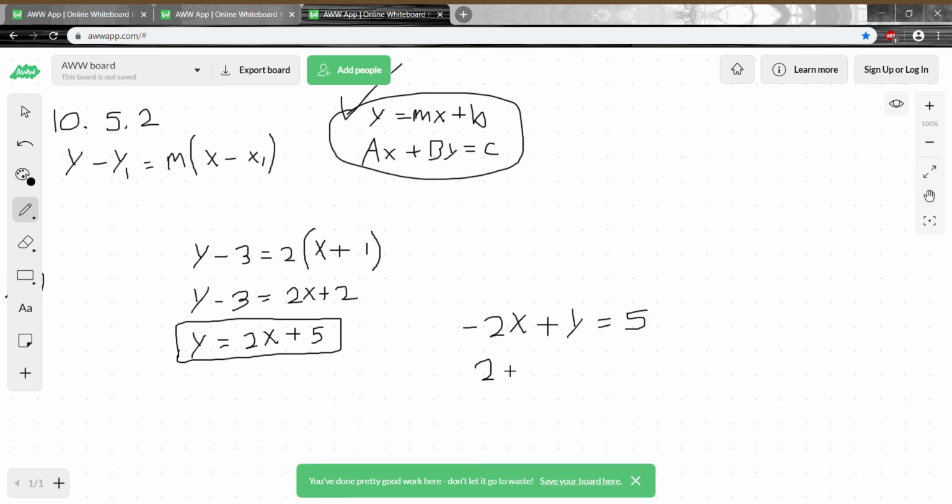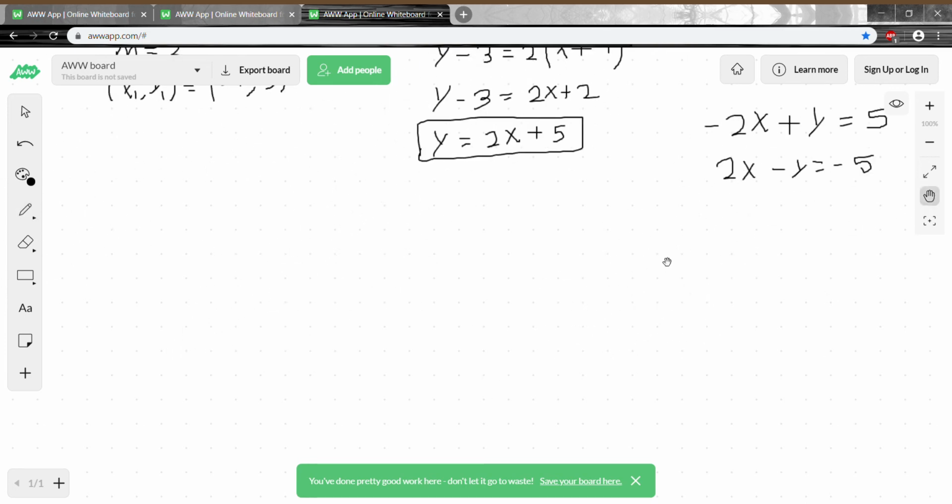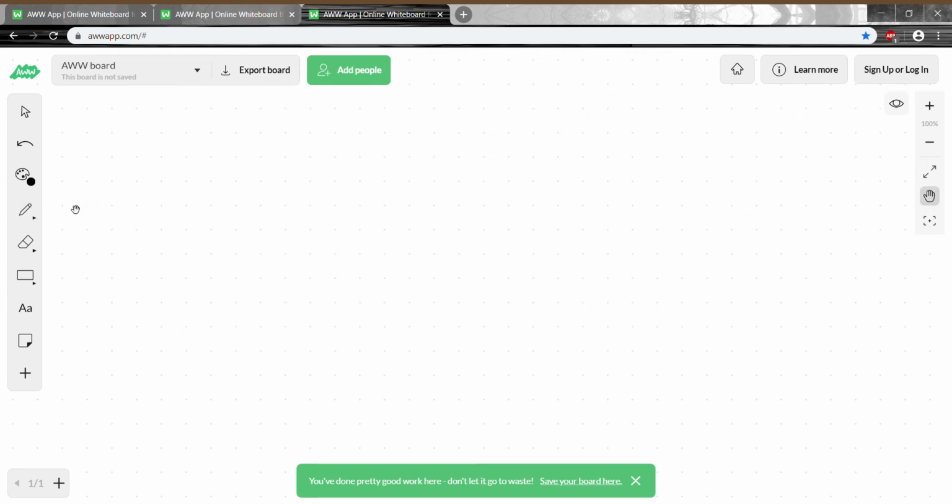Another acceptable answer would have been 2x minus y is equal to negative 5. These are equivalent. Okay, so let's say we weren't given m. Let's say all we were given, this is example 5.